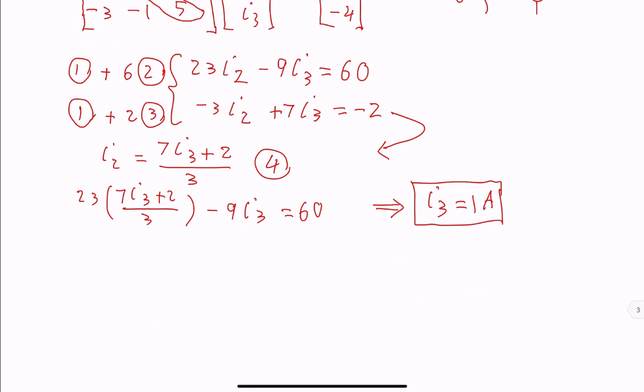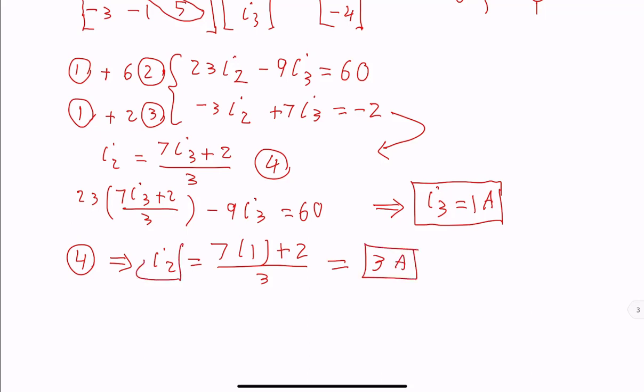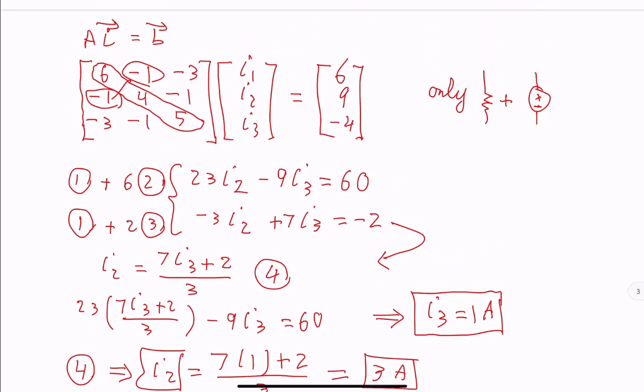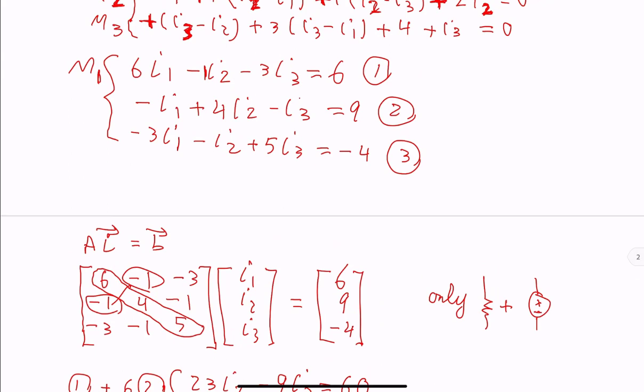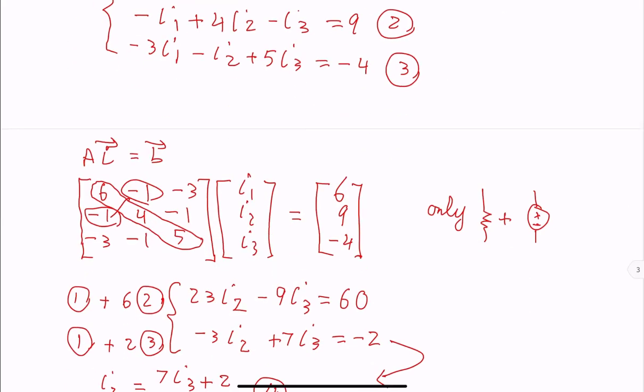Let's substitute that back in equation 4. I2 becomes (7I3 + 2) over 3, which is 7 times 1 plus 2 over 3, equal to 3 amps. And finally, we can go back to equation 1 here. Equation 2 here is better because the coefficient of I1 is just -1. Let's use that to find I1.